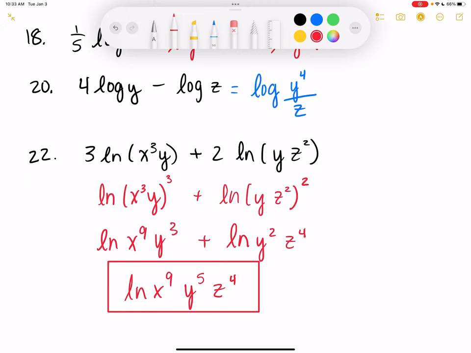I got it right. Okay, so basically you're putting the power back on top, then you have to put the power on each piece. Just general rules of exponents, then you have to combine it, and the only one you actually had to do anything with was the y's, to add them together.